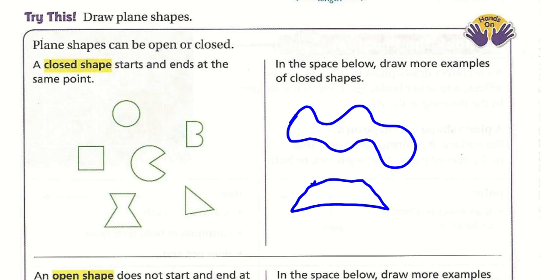As long as wherever your pencil starts, that's also where it should stop, then it would be a closed shape. The shape doesn't really matter what it looks like as long as there's no opening to it.